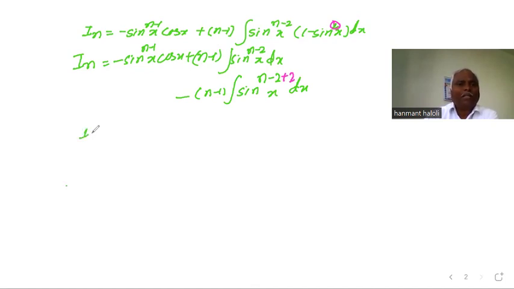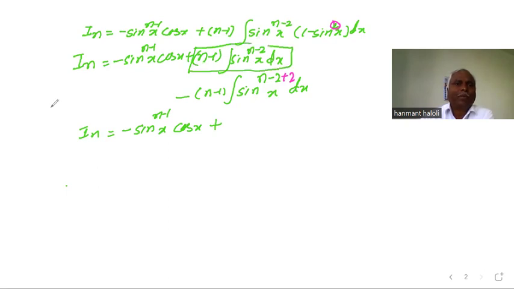Here In equals minus sin raised to n minus 1 x cos x plus, if you observe this integral, this integrand looks like our first integral.